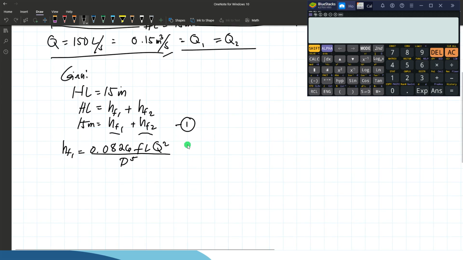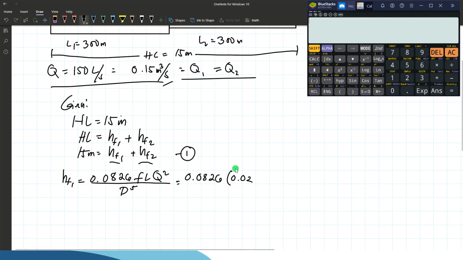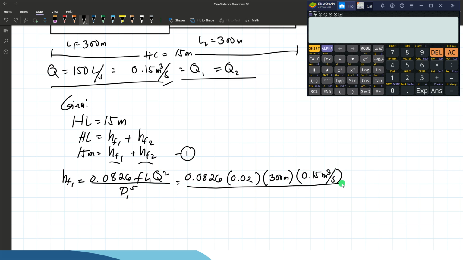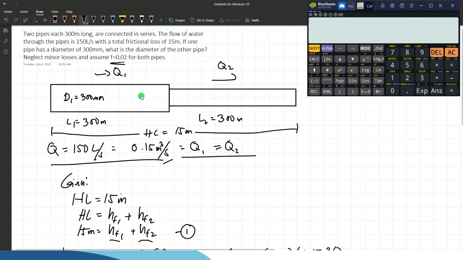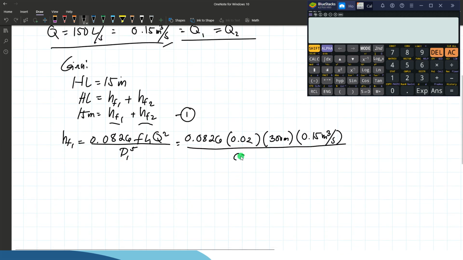Okay, substitute now the given values: 0.0826, F is 0.02, L1 is 300, Q should be in cubic meters per second, 0.15, squared, and a diameter of 300 mm, so that's 0.3 meters raised to 5.